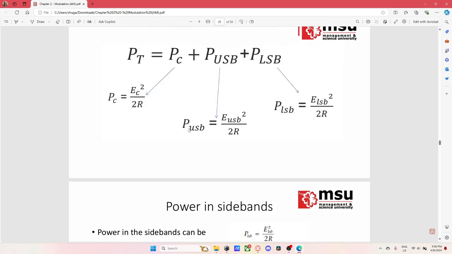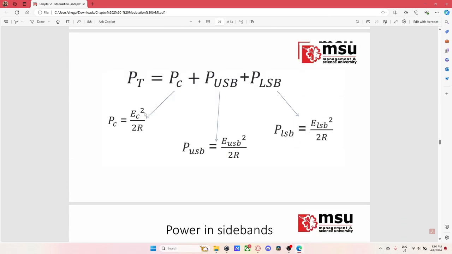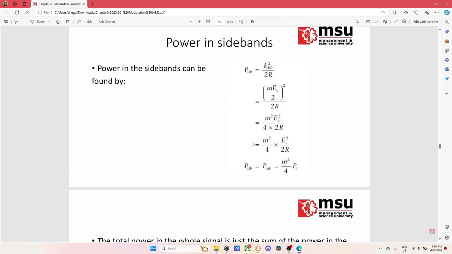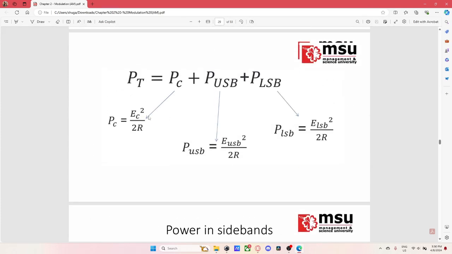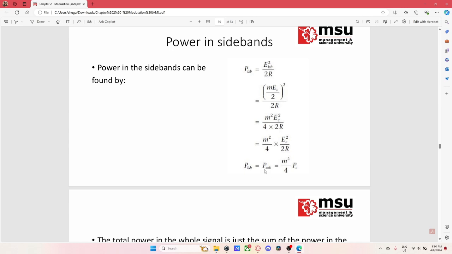Just replace this into PC, so you get both power in lower sideband and power in upper sideband equal to modulation index squared over 4 times the power in carrier.